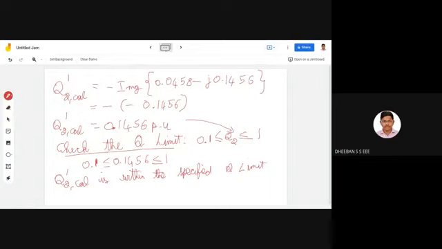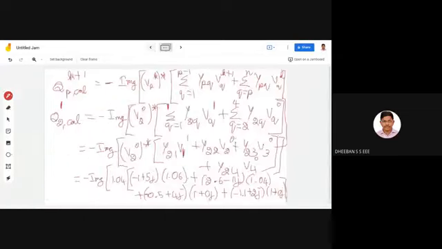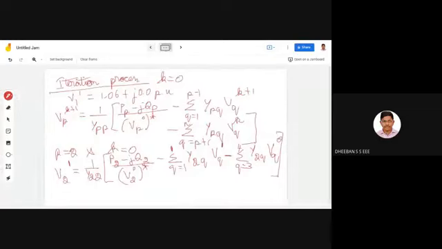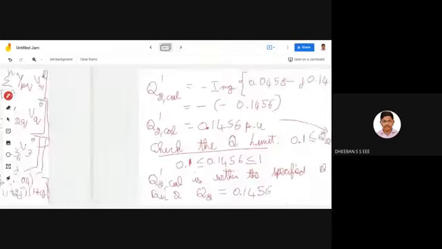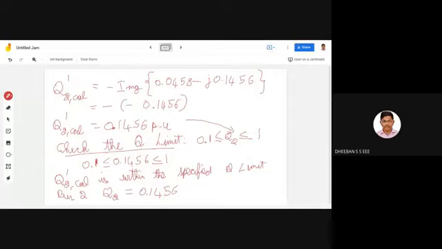Okay. And now for bus 2, you have to take your Q2 as 0.1456. Now you have to consider this value in the voltage equation. In this voltage equation, you substitute the Q2 value here, and we will arrive at the solution. Okay. So moving on to V2.